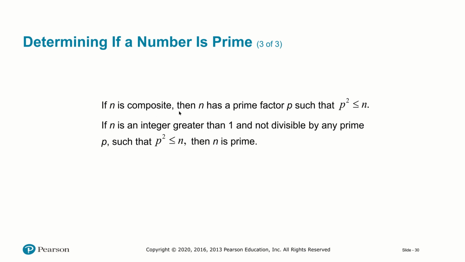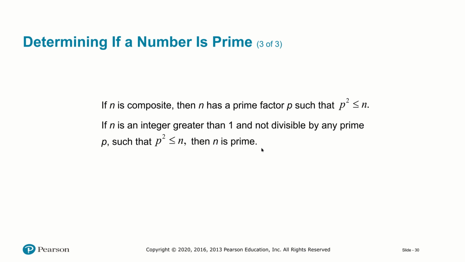If n is composite, then n has a prime factor p such that p squared is less than or equal to n. Okay? So if n is an integer greater than 1 and not divisible by any prime p such that p squared is less than or equal to n, then n is prime.